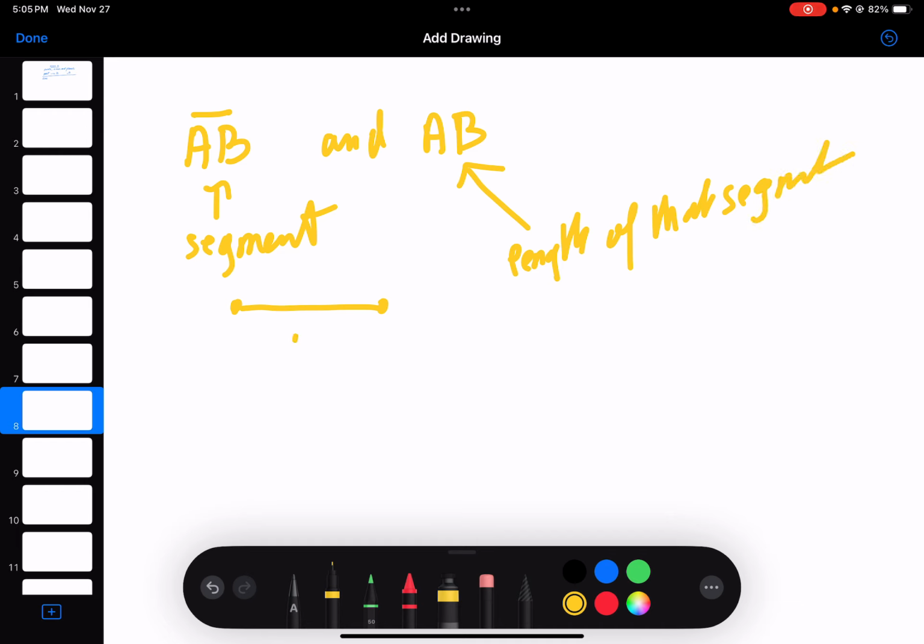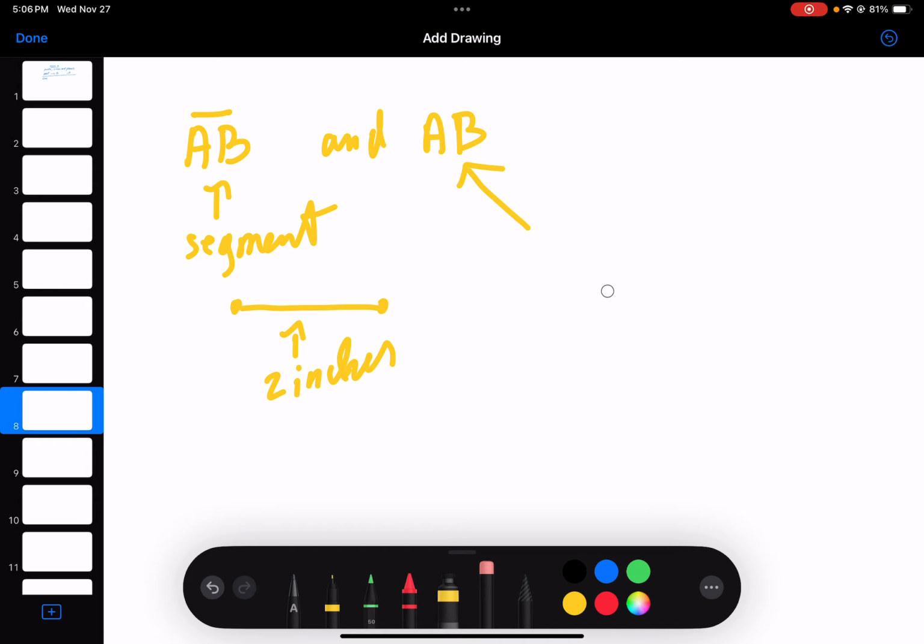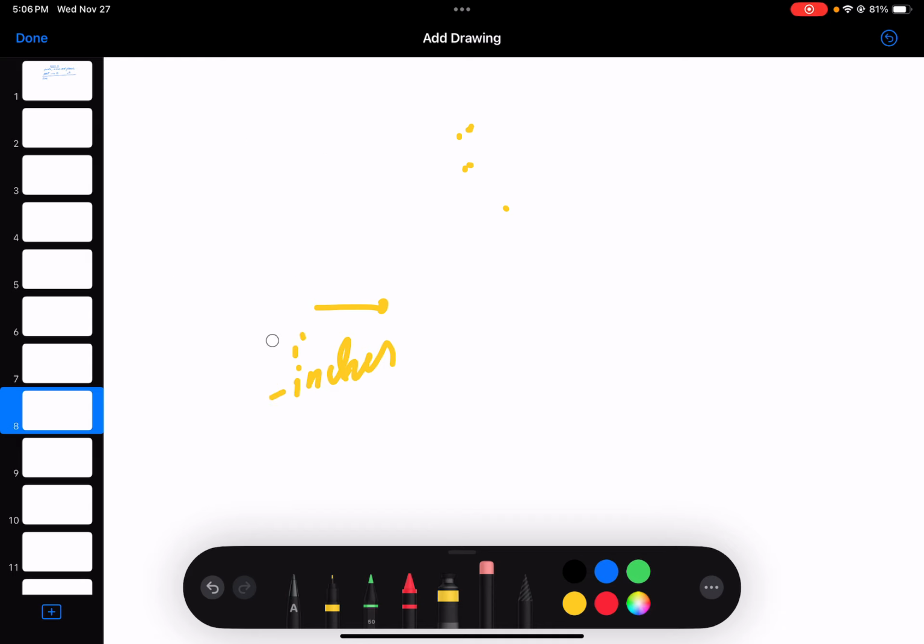So let's say that this is 2 inches, then AB means 2 inches. That's the length. All right, keep that in mind. All right, moving on.